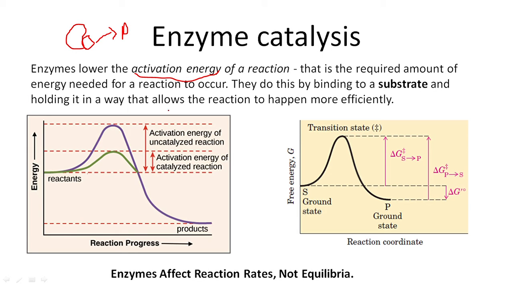Here you can see in this chart that this is a substrate, this is a product, and this is showing energy, and this is reaction progress, means the binding and bond forming and bond cleavage reaction that is happening to the substrate.